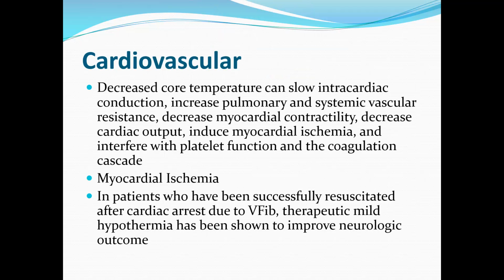What about the cardiovascular problems? Decreased core temperature can slow intracardiac conduction, predispose patients to developing lethal cardiac arrhythmias, increase pulmonary vascular resistance as well as systemic vascular resistance, decrease myocardial contractility, decrease cardiac output, induce myocardial ischemia, and interfere with platelet function and the coagulation cascade.